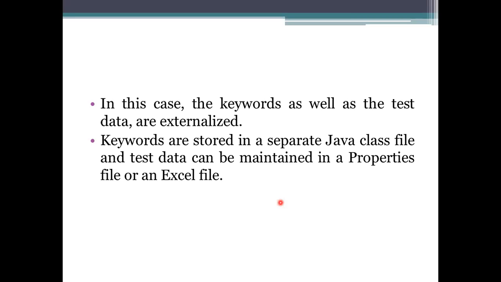So here we need to maintain two files, one for the keywords and then the Excel file. This Excel file holds the data sets, the data used for testing, which is accessed by suitable methods, and the keywords being used will be stored in the Java class file representation.